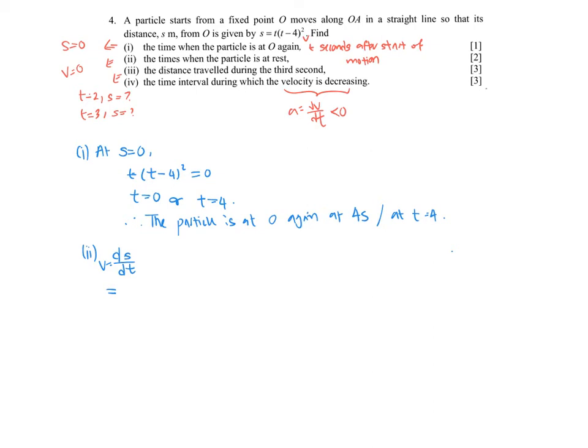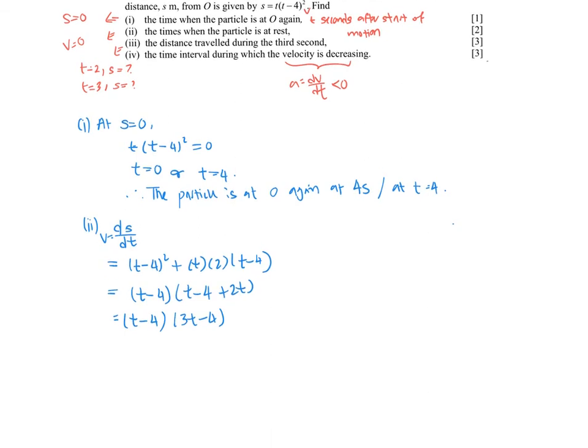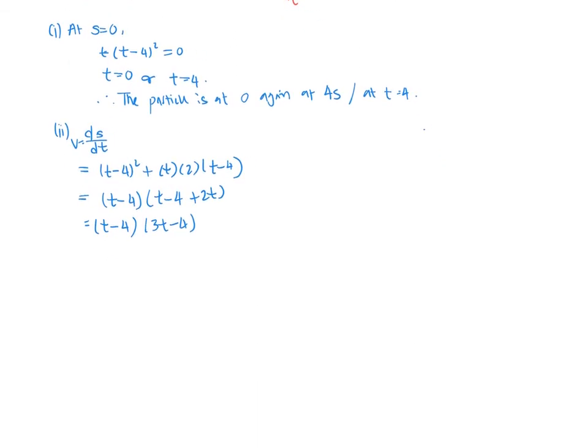We will have (t minus 4) squared plus t times 2 times (t minus 4). Here if I factorize out a t minus 4, I'll be left with (t minus 4) plus 2t, and this will give me (t minus 4)(3t minus 4). Alright, so let's shift up a bit. If you have not copied, please pause the video.